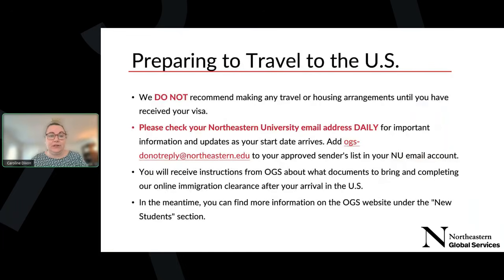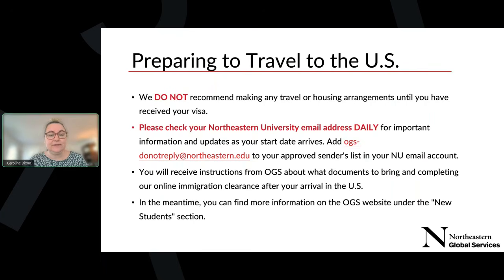Preparing to travel to the US, we do not recommend making any travel or housing arrangements until you have received your visa. Please check your Northeastern University email address daily for important information and updates as your start date arrives. Add OGS-do not reply at northeastern.edu to your approved senders list in your Northeastern email account.